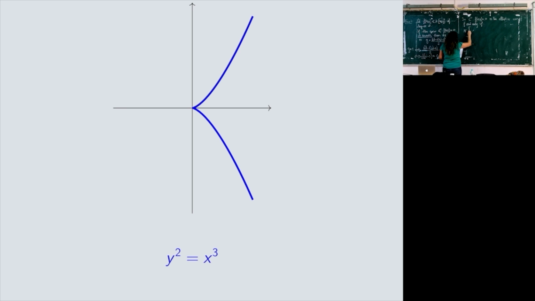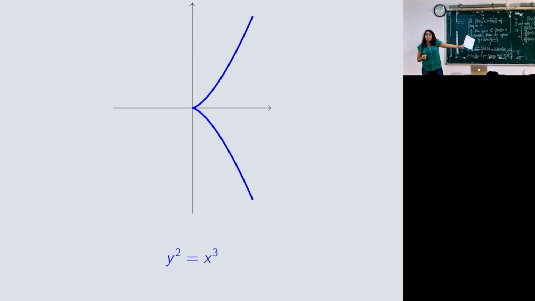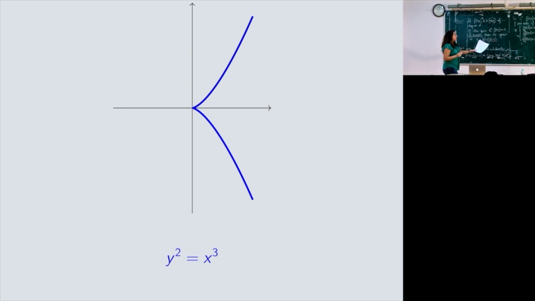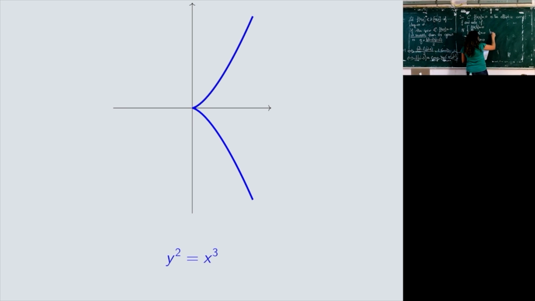First of all, the fact that it has to be smooth, we translated this as: the system with equations f(x, y) equal to 0, the partial derivative of f in x of (x, y) equal to 0, and the partial derivative of f in y of (x, y) equal to 0. What are we asking for this system? It has no solution.